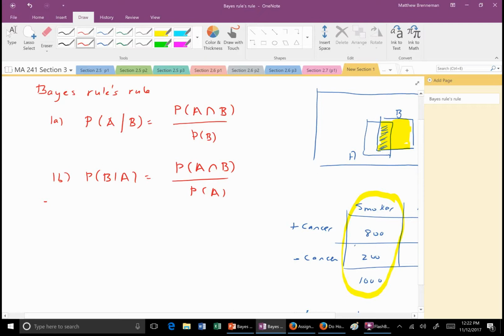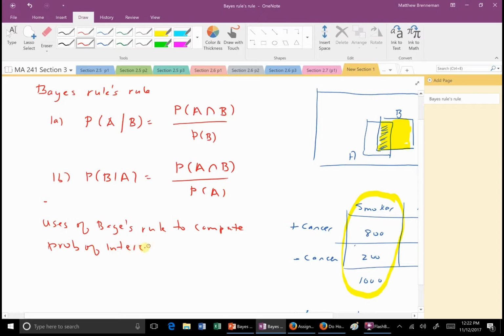All right. So applications of Bayes' rule, there are three applications. The first is we can compute probabilities of intersections. So I'll say uses of Bayes' rule to compute probabilities of intersections.